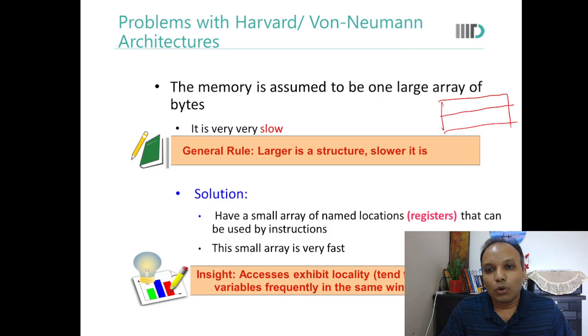So, that is called temporal locality. So, basically very soon you will be using that data again. Similarly, if you have accessed this data, it is very highly likely that you will be accessing the adjacent data as well. So, that is called spatial locality.